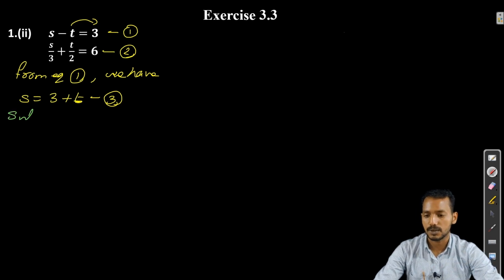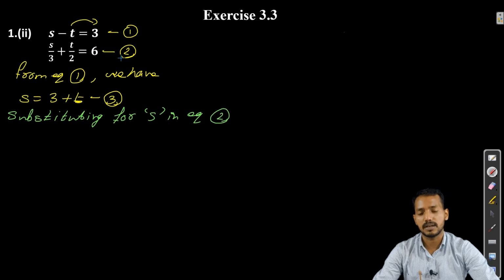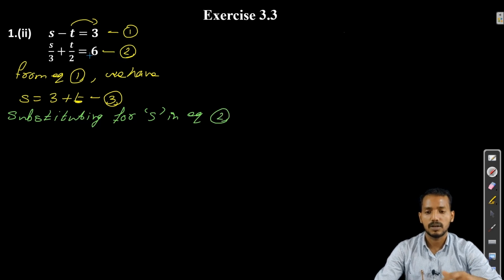So substituting for s in equation number 2, because we have written s in terms of t from equation number 1, so we are not supposed to substitute in equation number 1 itself.